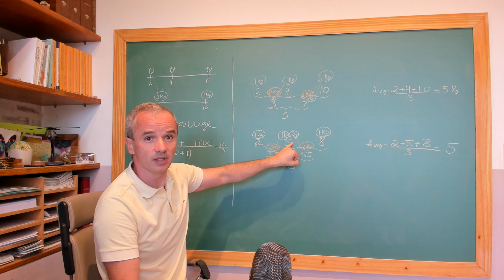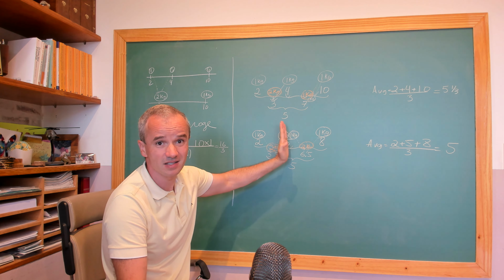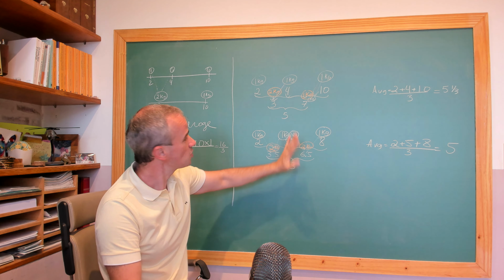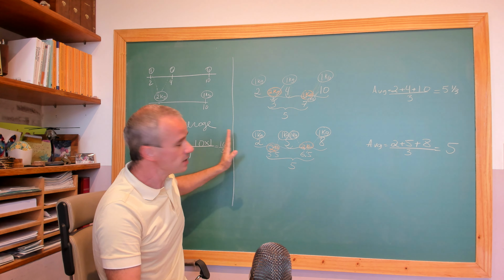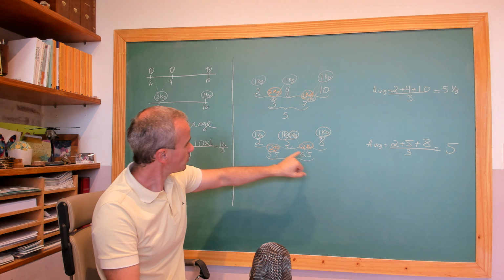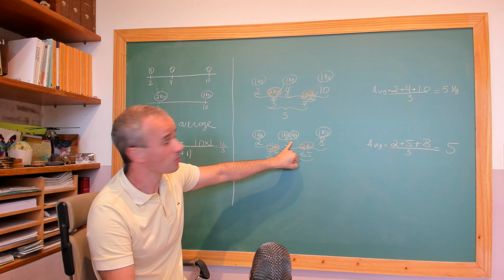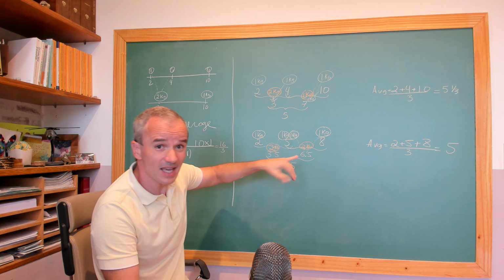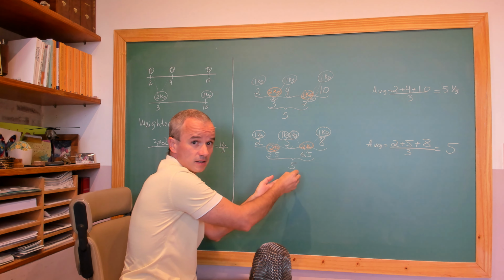Because when this number is the center of mass of the system, I can keep adding more and more masses. It's not going to be changed. So it only works because of this. You see? So if we're doing an average problem, and this number is the center of mass of the system, or in other words, if this number is the average itself, you can make chunks like this.